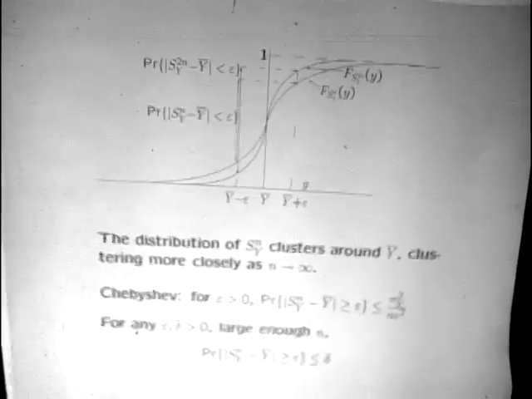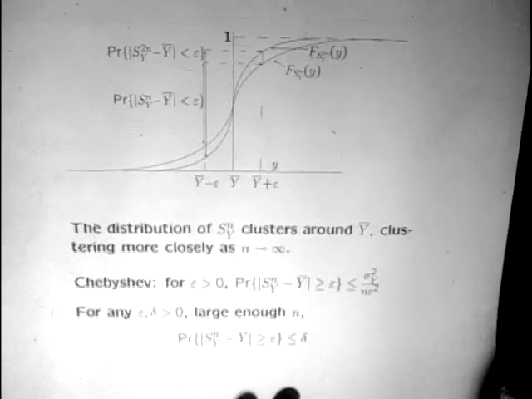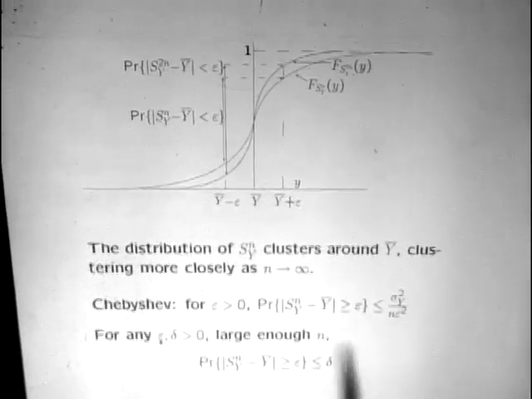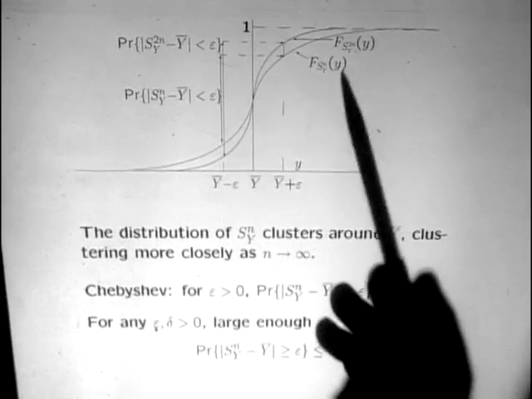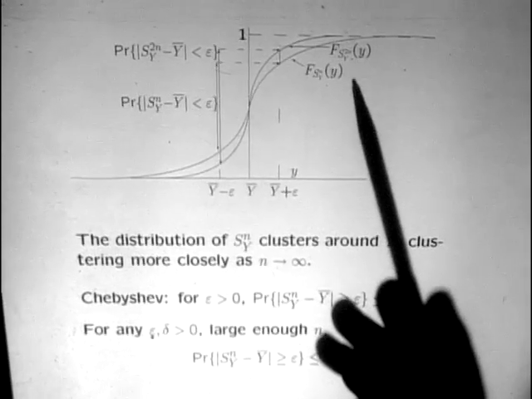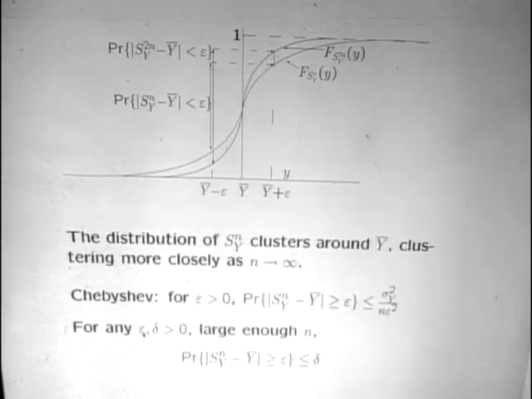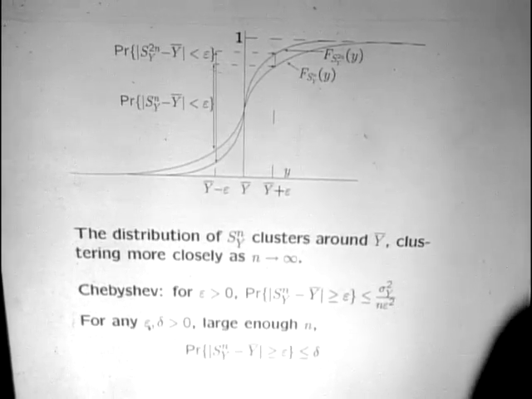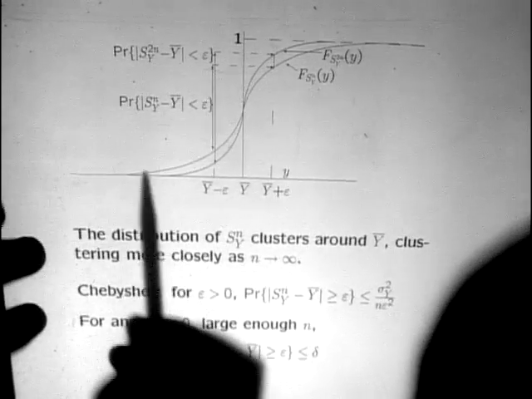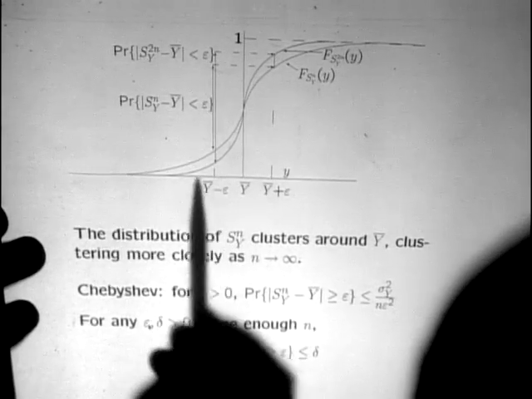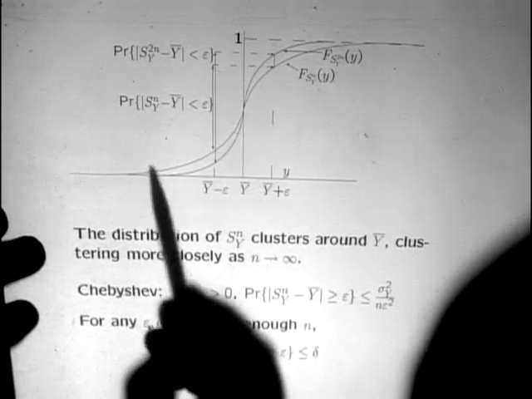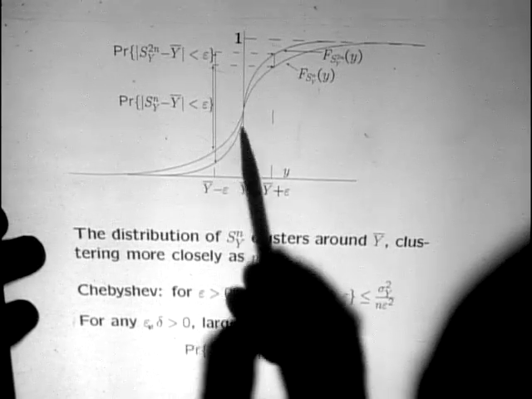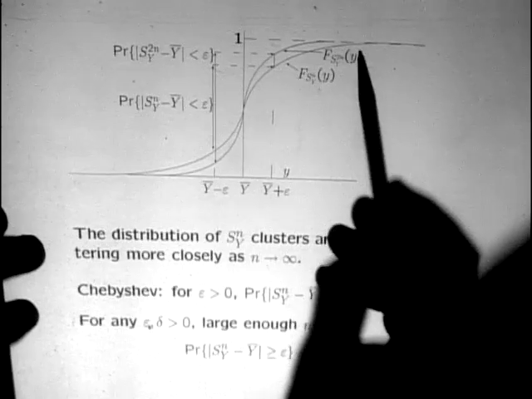Okay, let's look at a picture of this. Let's look at the distribution function of this random variable, the sample average, as a random variable. What we're finding here is that this distribution function, for some modest value of n, looks like this upper curve here, which is then the lower curve here.